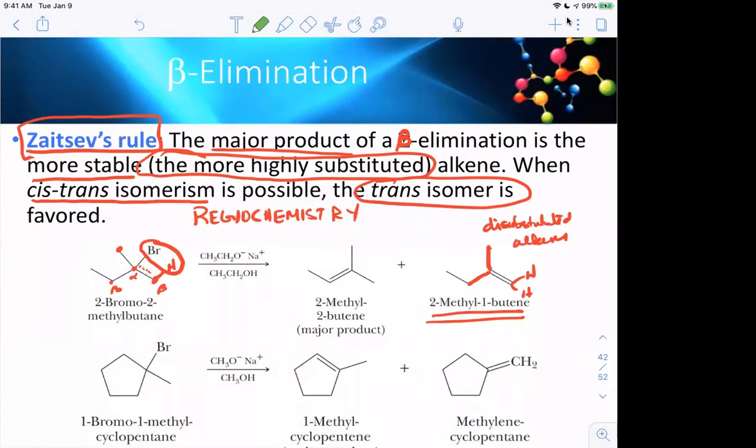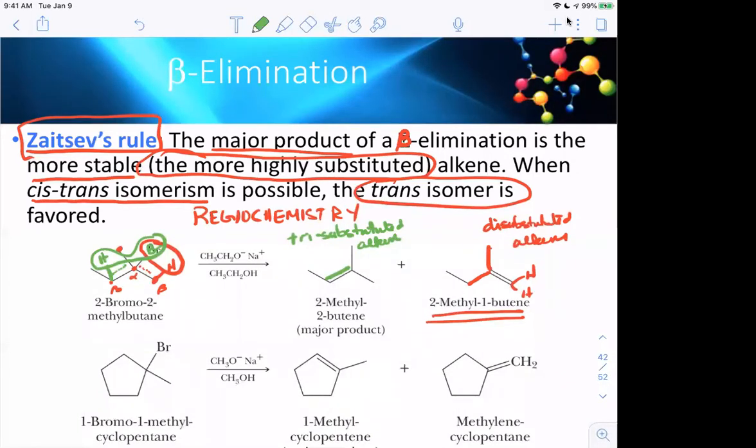Now, if I go the other way and I eliminate the hydrogen here with the bromine, I'm going to form the double bond here, which is this direction. This is going to be a tri-substituted alkene.